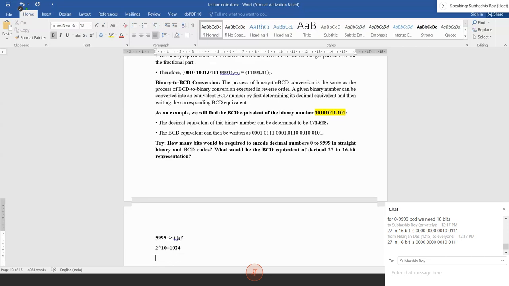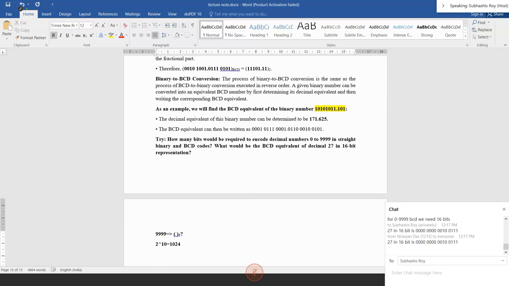Now let me divide 9999 by 1024. What will be the value?